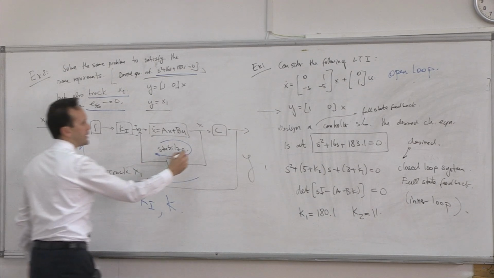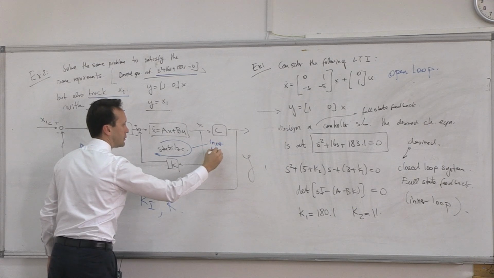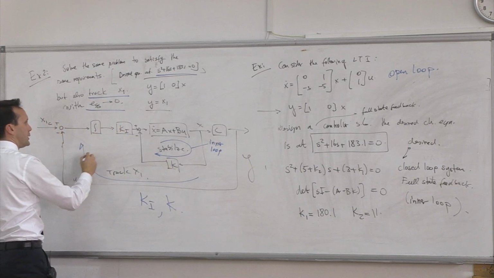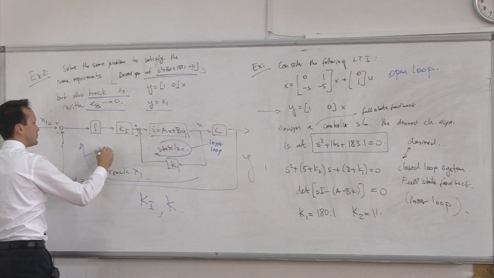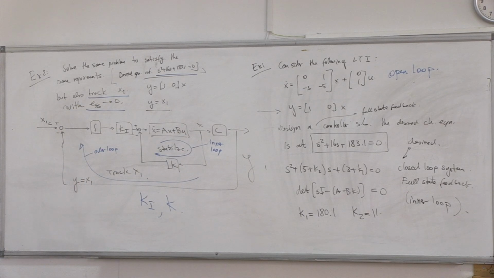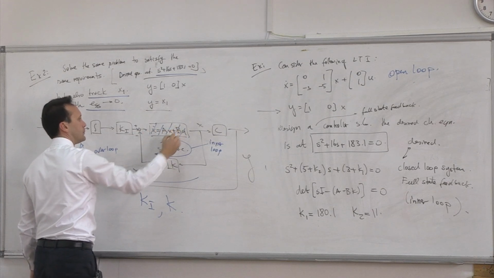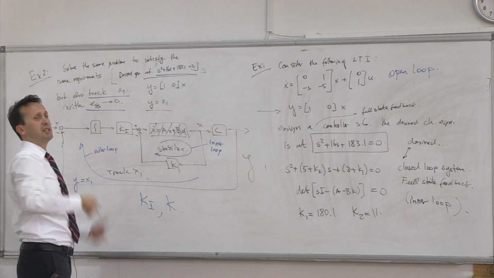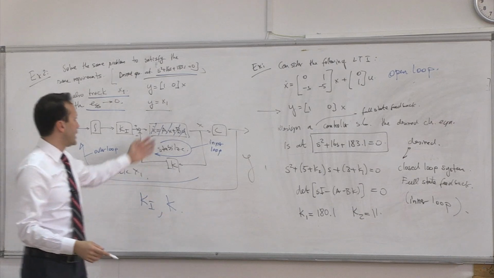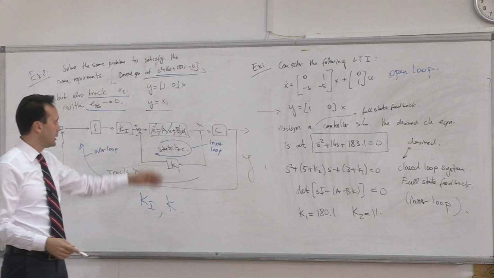This is what we call the inner loop, and this is what we call the outer loop, because it is another loop. It's a loop in a loop, right? Two loops. And how does this work in real life? This is my aircraft, and this is still running at about 60 times a second. 60 times a second I will measure and do the inner loop. 60 times a second I will do that. Inner and outer loop.